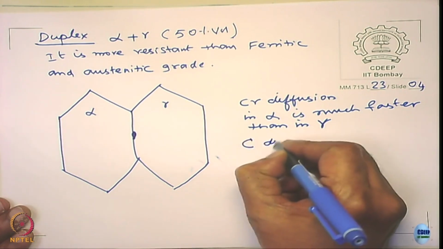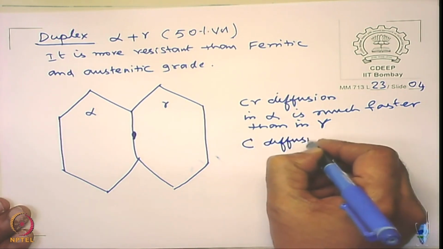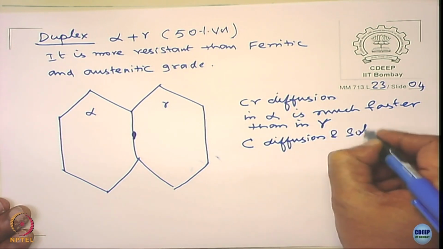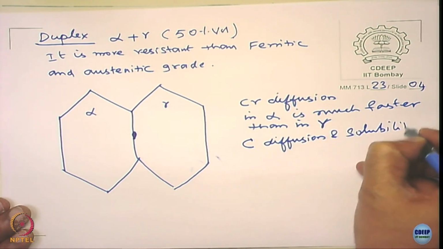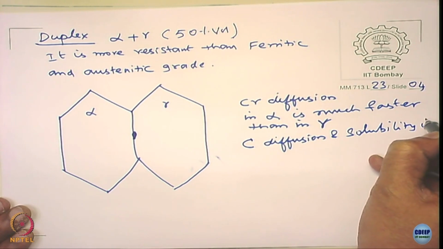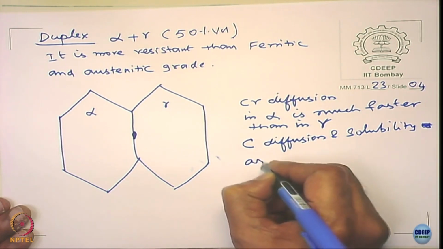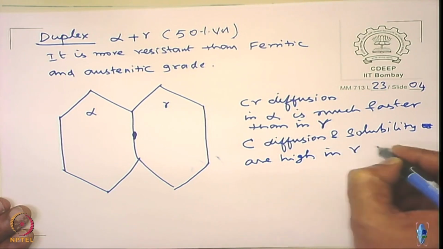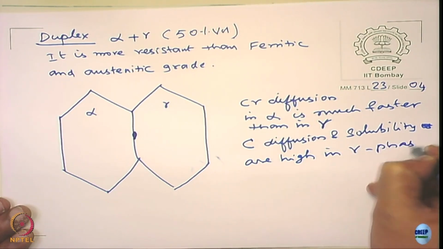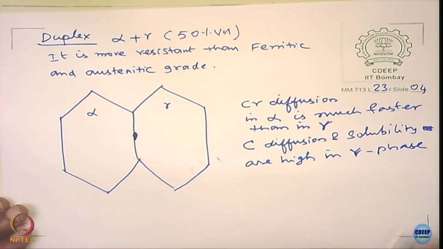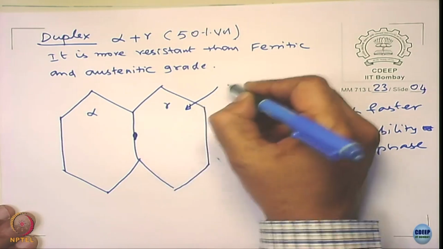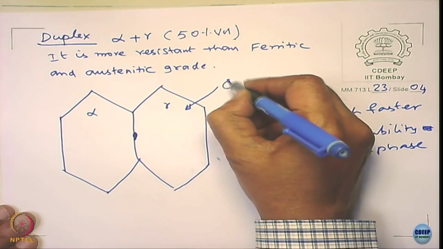Carbon diffusion and the solubility both are high in gamma phase. Look at how the cooperation takes place. So, you have here more carbon, isn't it, because the solubility of carbon is more here.